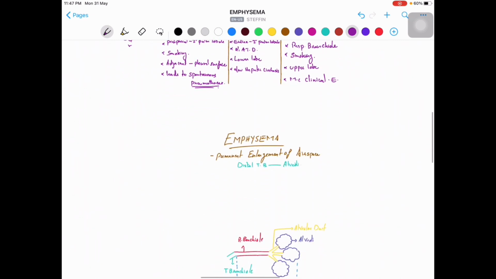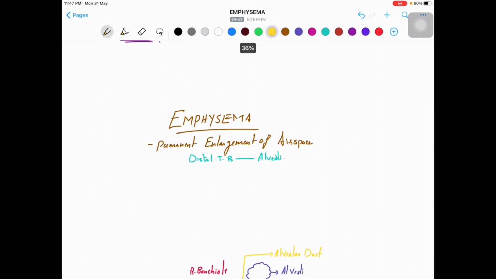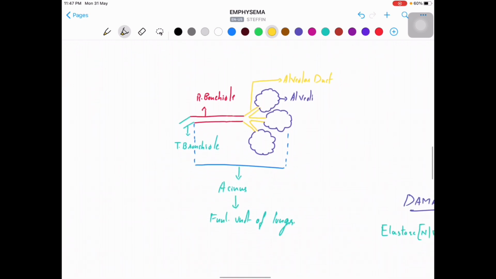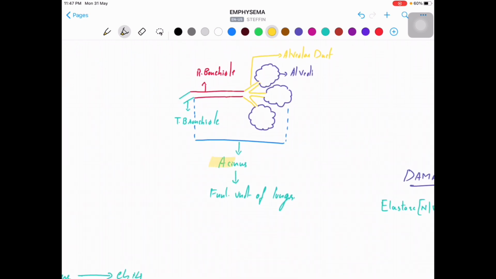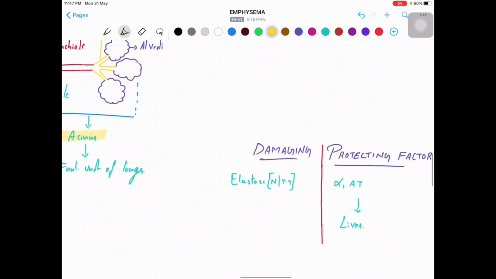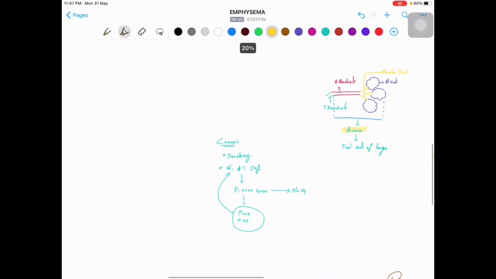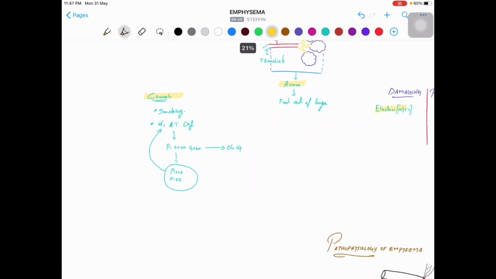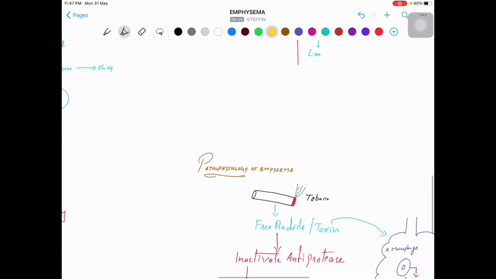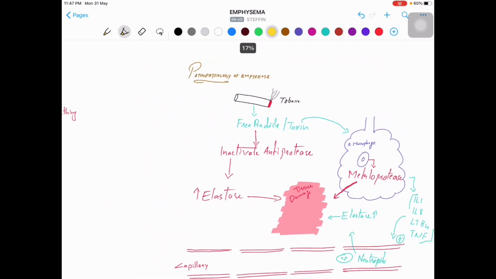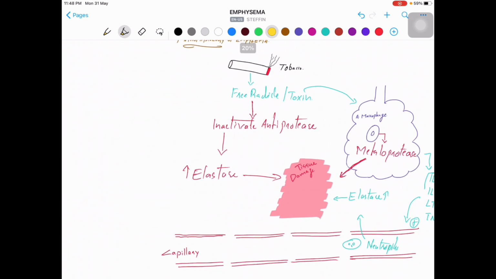We studied the definition of emphysema, the functional unit acinus, the different factors, elastase and alpha-1 antitrypsin, the causes of emphysema, the pathophysiology, and how it affects the alveoli. So this is about emphysema.